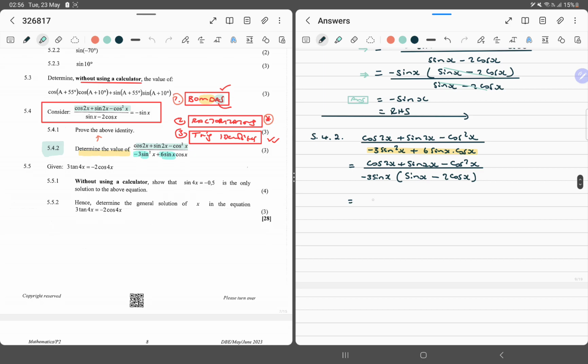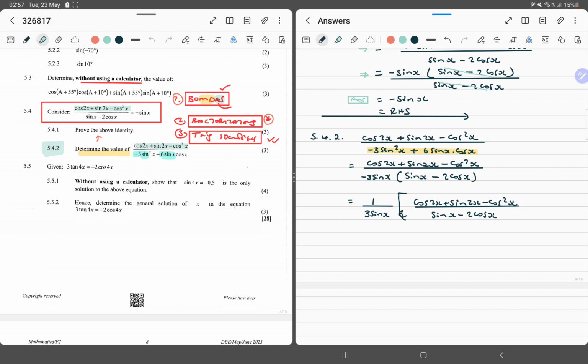If we factor out 1 over 3 sine x, what do we end up with? We end up with cos 2x plus sine 2x minus cos squared x, all over sine x minus 2 cos x, okay?